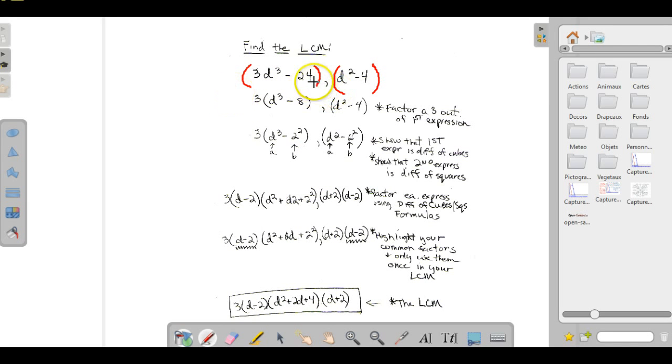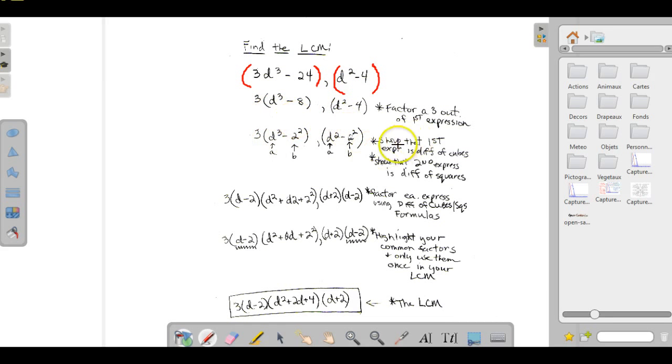So the first thing we do is we have to factor a 3 out of the first expression, because you can see that we can factor something out of this expression. You just want to get things as simple as possible. So factoring a 3 out of this first term, we're left with d cubed, and factoring a 3 out of negative 24, we're left with negative 8. This one I didn't do anything to.